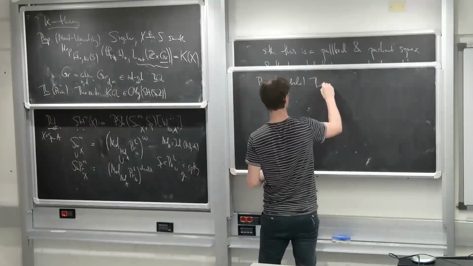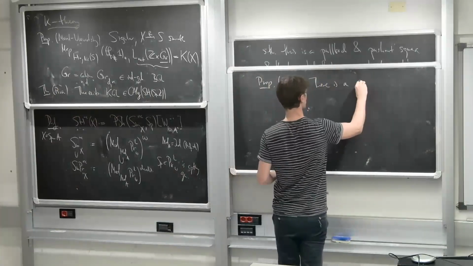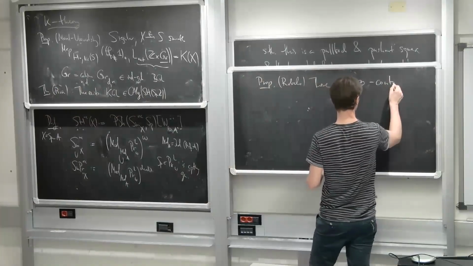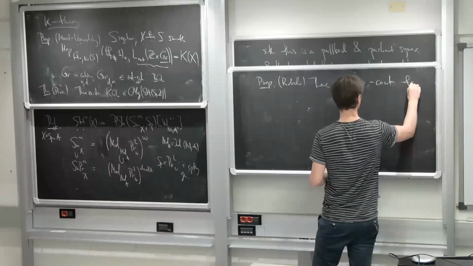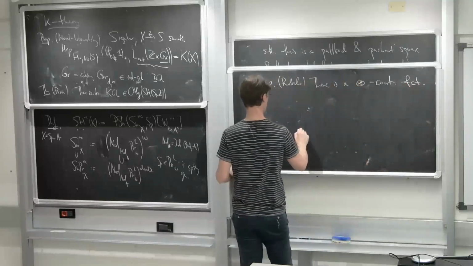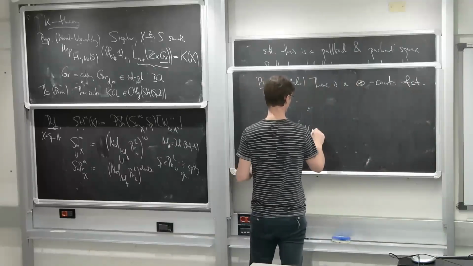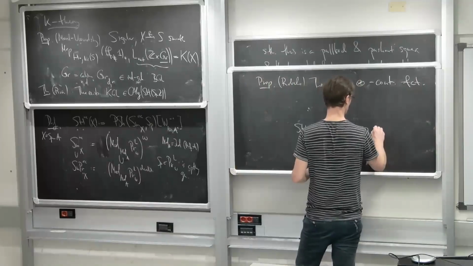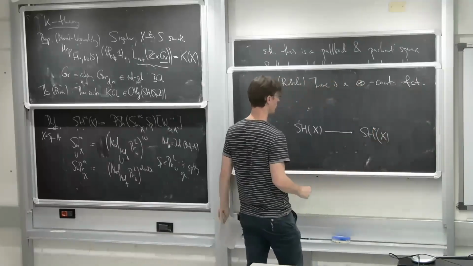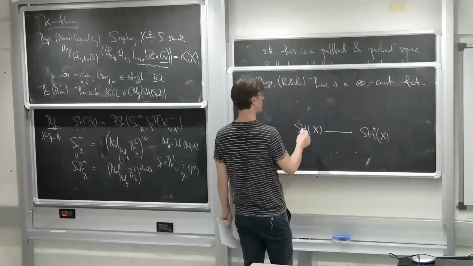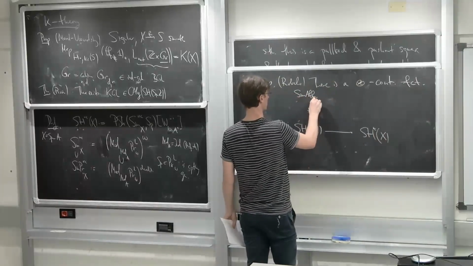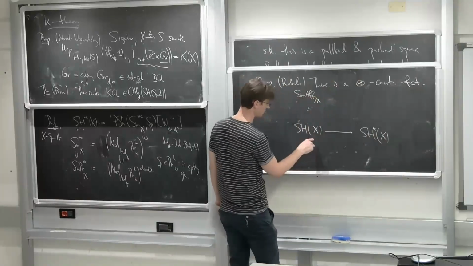So there is a tensor and colimit preserving, I mean continuous, functor as follows: SH of X maps to SH non-commutative of X. And how is it pinned down? Well, you have smooth affine schemes over X, right? I remind you once again, this is basically built out of those.